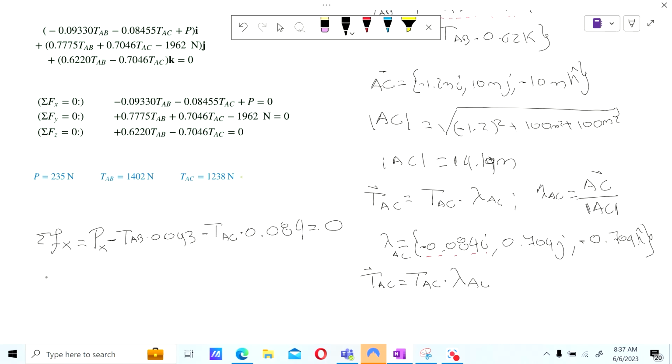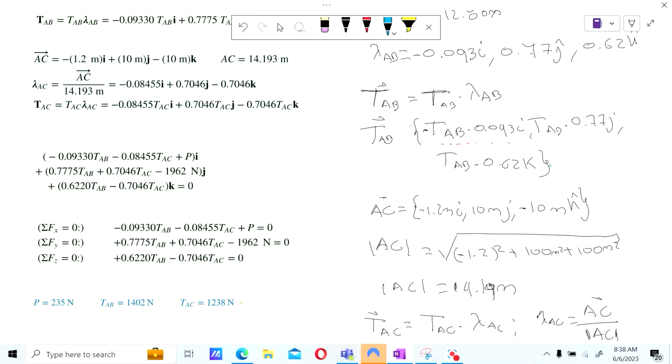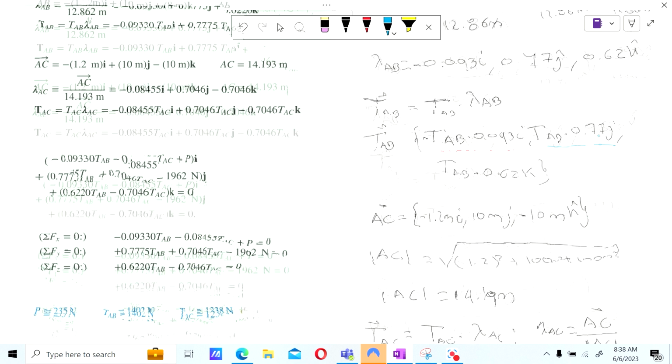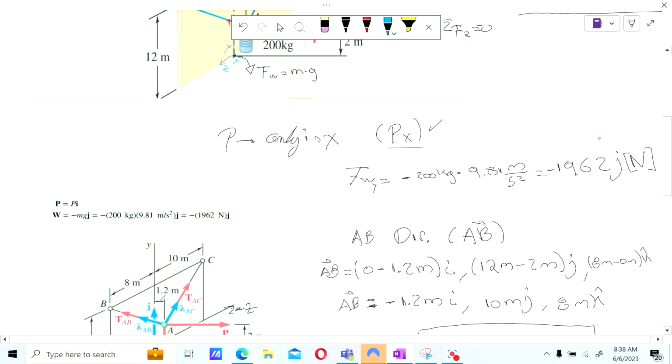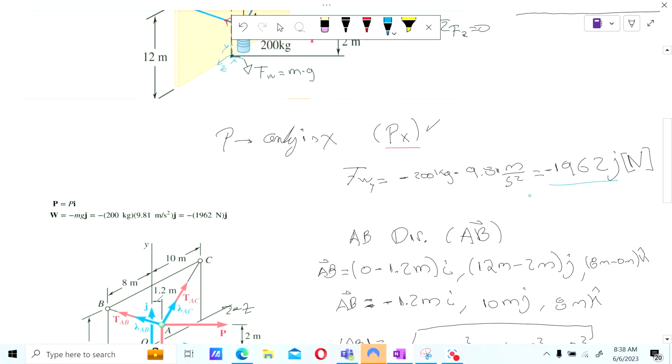All right, summation of forces in y equals, let's do the same thing with blue. We should have a component in AC, we have a component in AB, which we do, and we have the component of the weight, which we do.